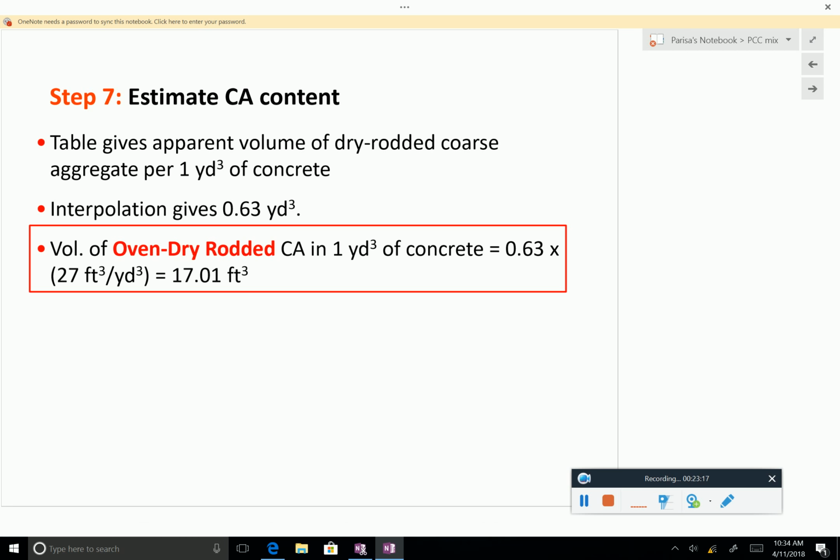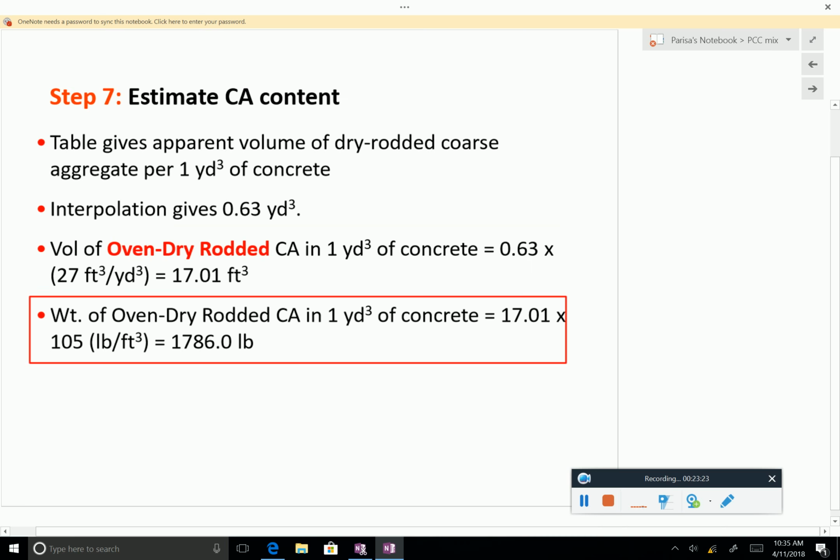So, I first calculate the cubic feet, because the oven dry rodded unit weight is given in pound per cubic feet. If you have done it differently, that is absolutely fine. Basically, you have the dry rodded unit weight, you have the apparent volume. You need to go from cubic yard to cubic feet.